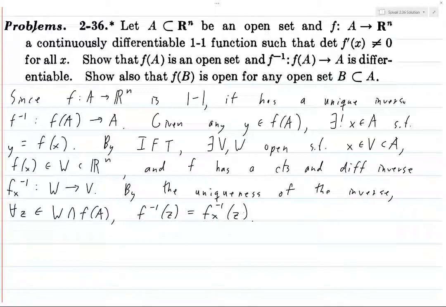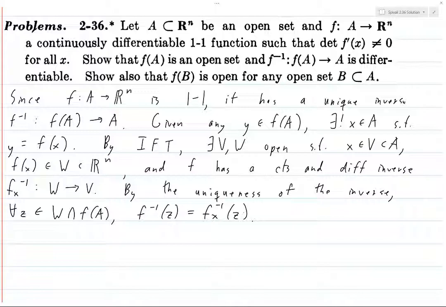Right, and the inverse has to be the same for both of these, because the only potential issue would be if, so we have fx inverse, which is defined on W, and W doesn't need to be entirely contained in f of A, I don't think.